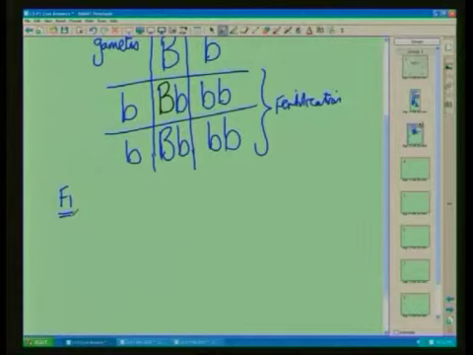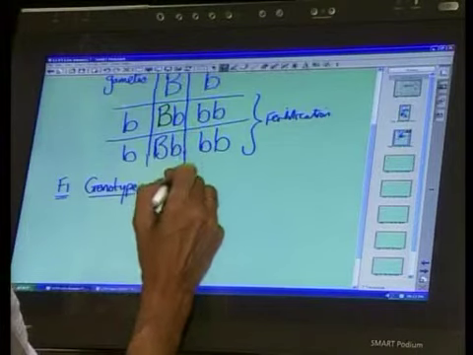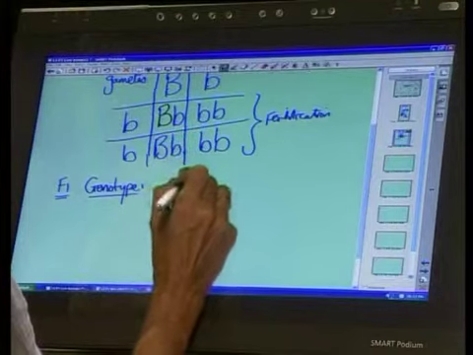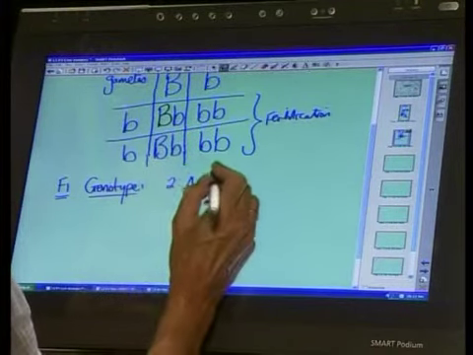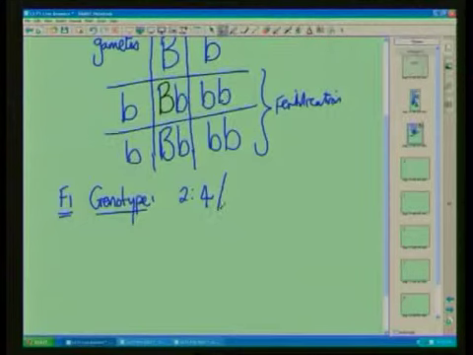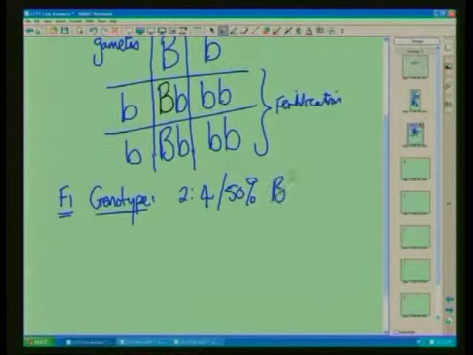I'm going to have the genotype. Remember, genotype is what is in the genes. So what are we going to see in the genes? We're going to see 2 out of 4, that's my ratio, or 50% of the offspring, are going to be capital B, small b, which is heterozygous.